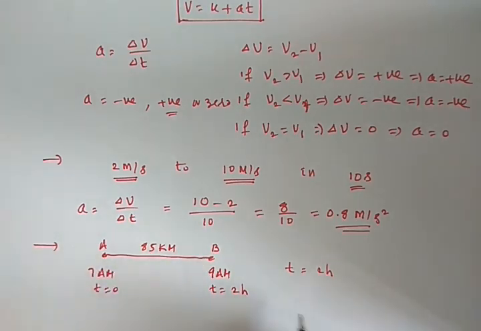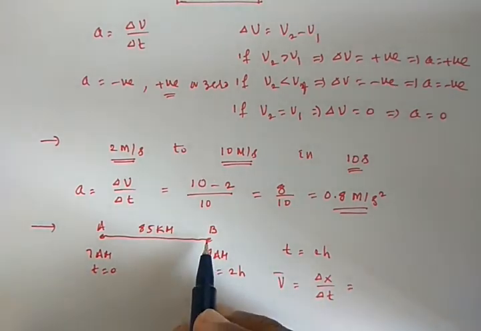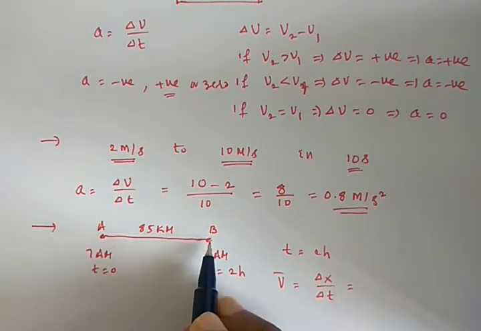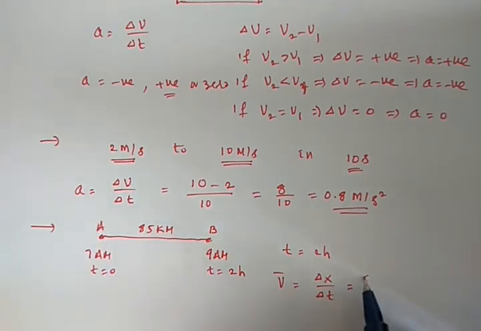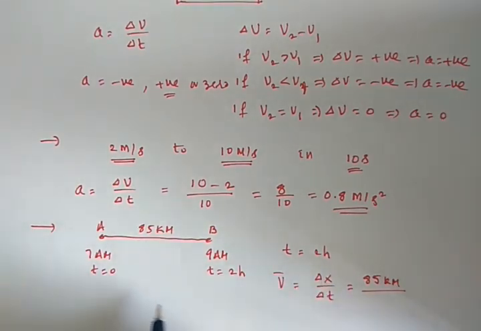So average velocity is defined as delta x by delta t. The change in position: if this is the reference point, then final position is this and initial position is that. So B minus A is 85 kilometer, by time, the time difference, which is 2 hours.